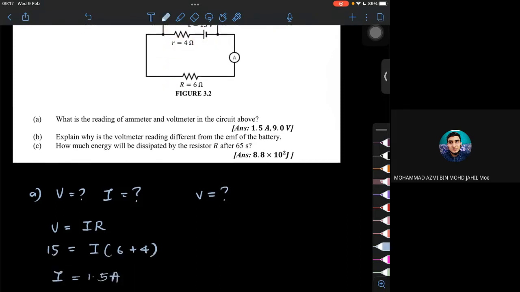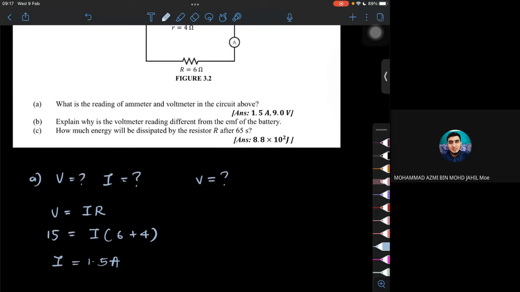So we can find this value for voltmeter using the formula in 3.4 I think, which is using the EMF formula. What is that formula? Value untuk EMF. V equals to EMF minus IR.